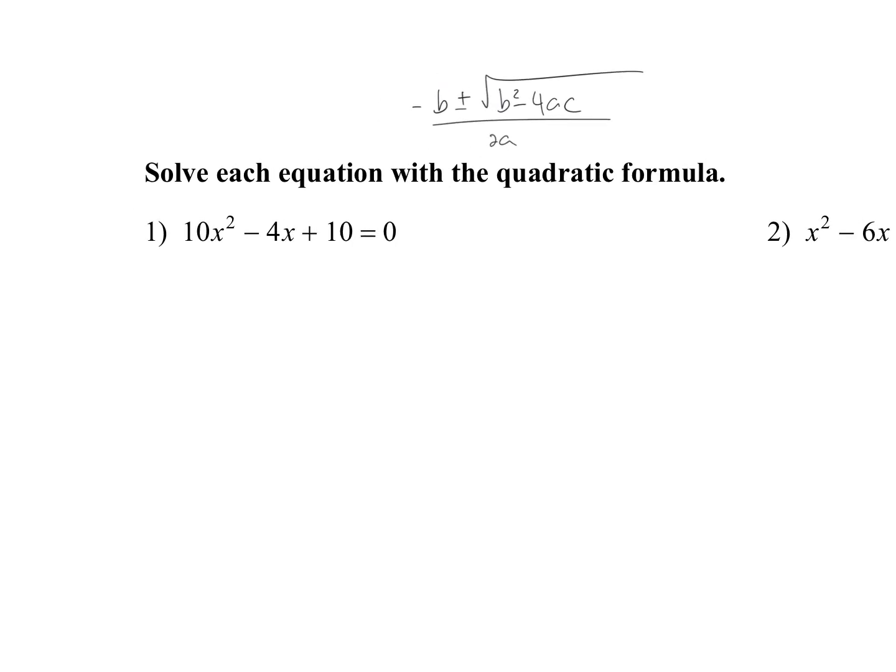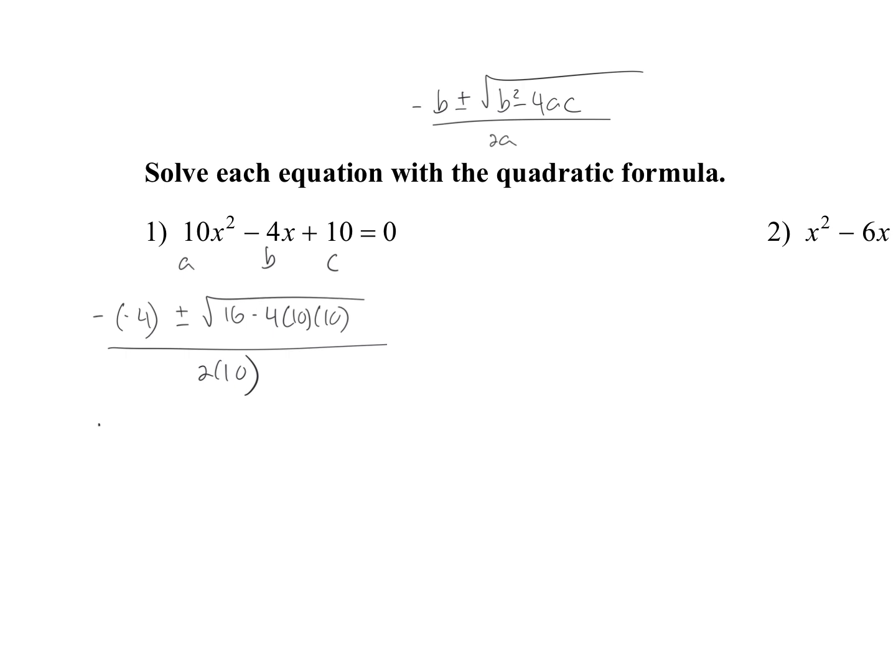The good thing is you're not learning new formulas, you're just dealing with the imaginary part of these equations. So it's going to be your a, your b, and your c. And go ahead and start to plug in. So negative negative 4, so positive 4, plus or minus the square root of negative 4 squared, which is still just 16, minus 4 times 10 times 10, over 2 times 10.